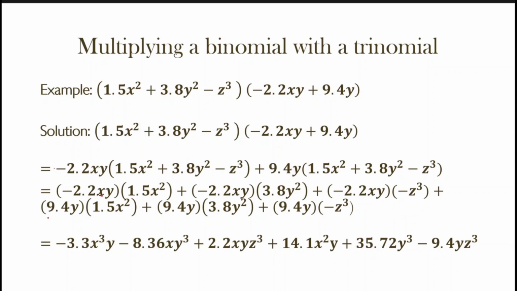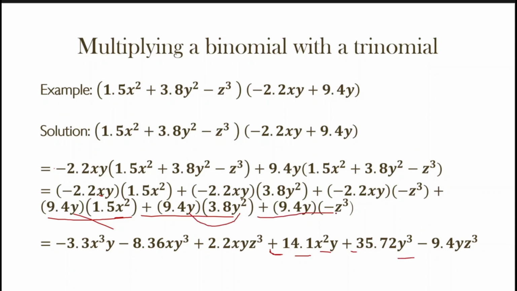Next is plus 9.4y multiplied with 1.5x square. There is no negative sign, so the answer would be positive. 9.4 times 1.5 is 14.1, and we multiplied x square and y, which is x square y only. Now the next is again positive, so the answer is positive. 9.4 multiplied with 3.8 is 35.72, and y multiplied with y square, the base is the same, powers add, so it's y cube.